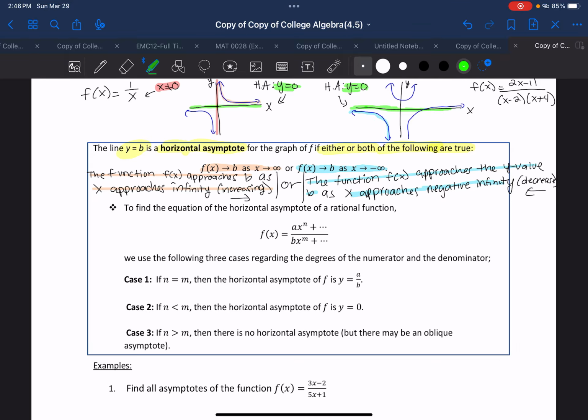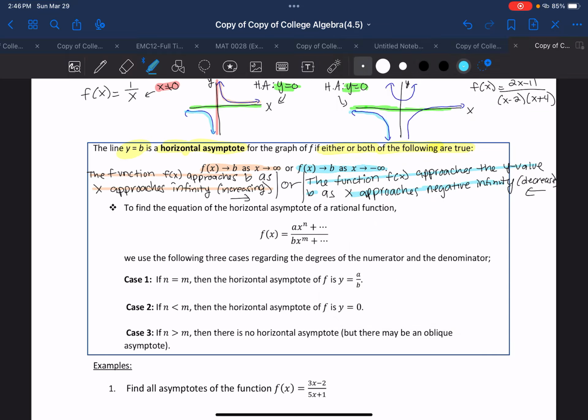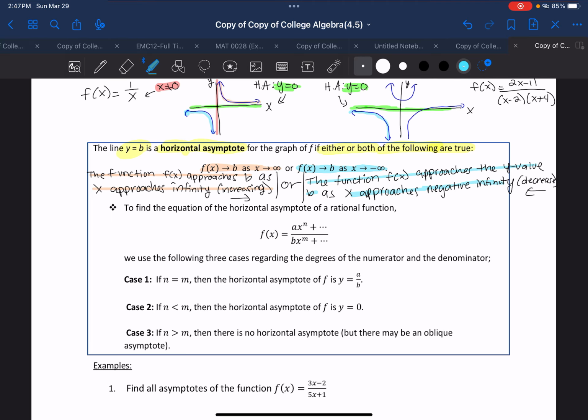Now it's also doing the same thing on my other graph. As x is going to the left, my graph is approaching the y value of 0 on the left.